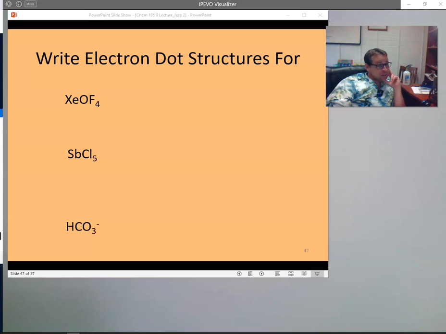Well, that is the case, and we do know that in the end, the sum of the formal charges should be -1. How do we know that? Because it's written on the top. Right. It has a -1 charge.